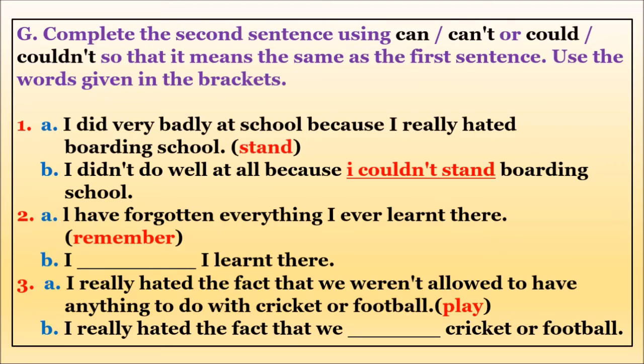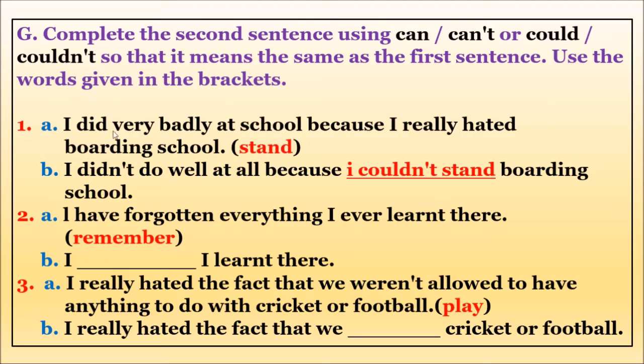Use the words given in the bracket. It means you have to use can or can't, could or couldn't, and also you have to use this word which is given in the bracket.